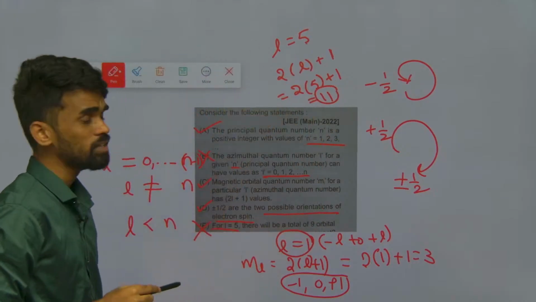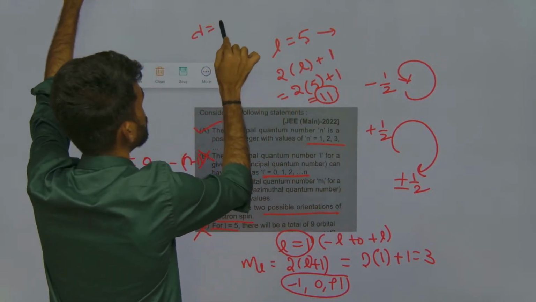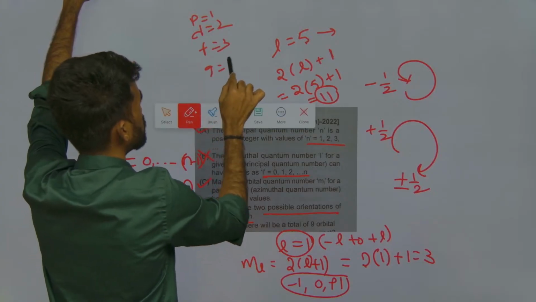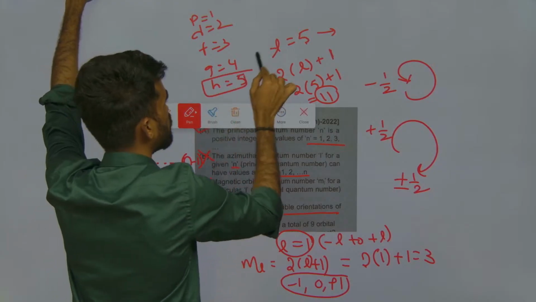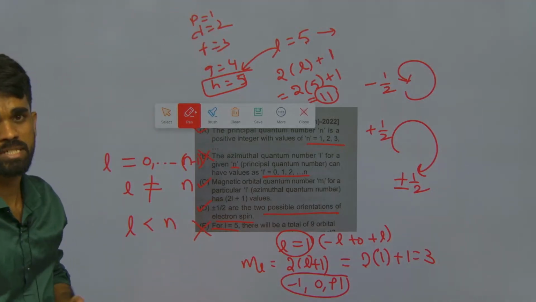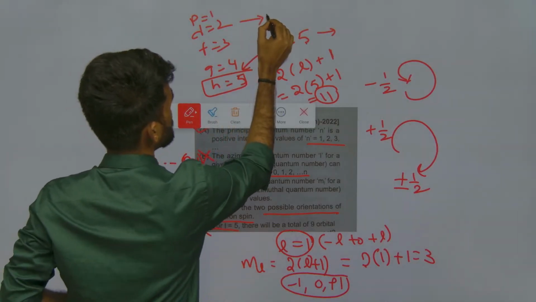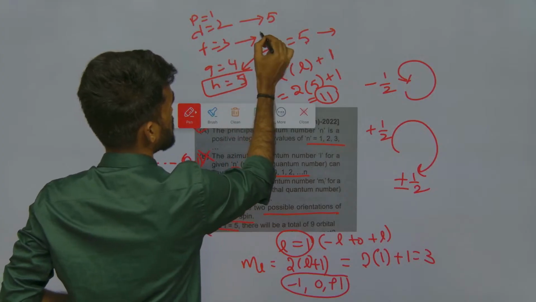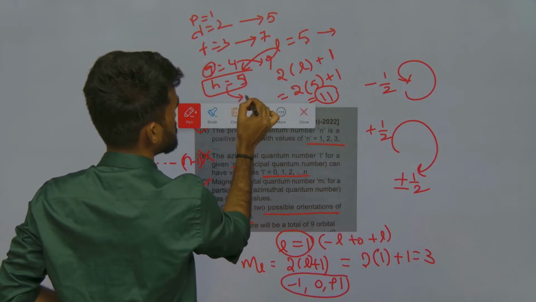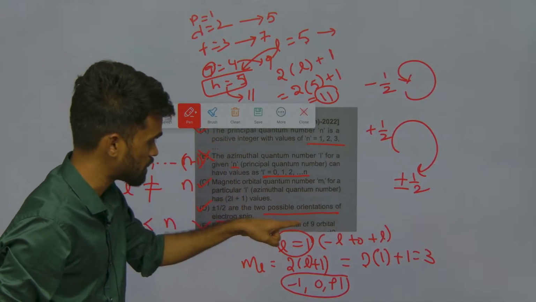What are these 11 orbitals? Think: l = 1 is p, l = 2 is d, l = 3 is f, l = 4 is g, and l = 5 is h. So l = 5 means an h subshell, which has 11 orbitals. The d subshell has 5 orbitals, f has 7, g has 9, and h has 11. So the option is incorrect because they are saying just 9 orbitals.